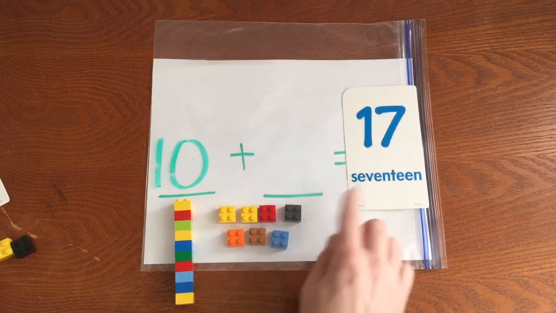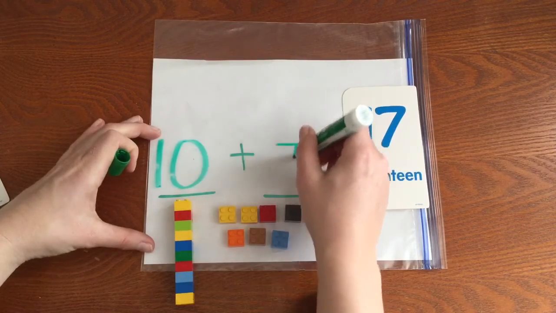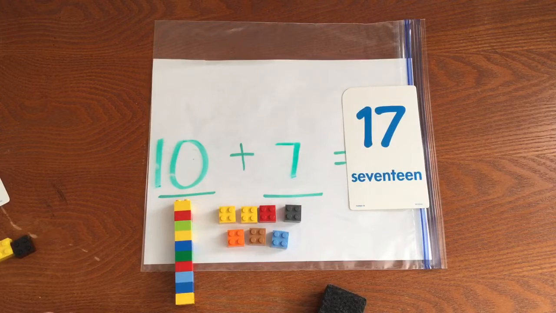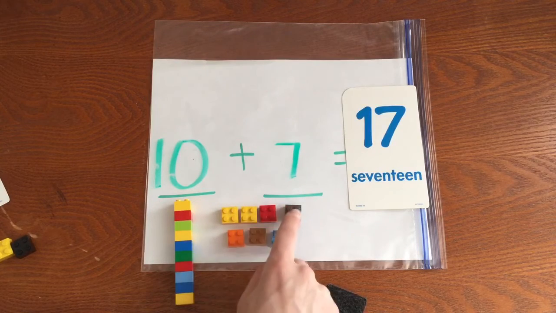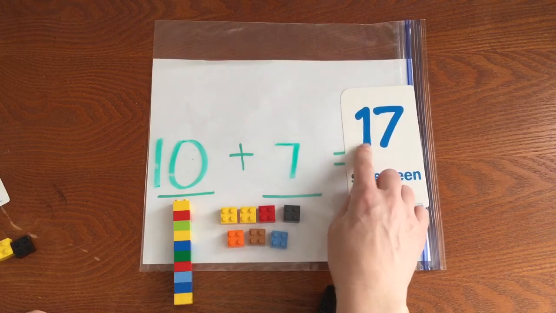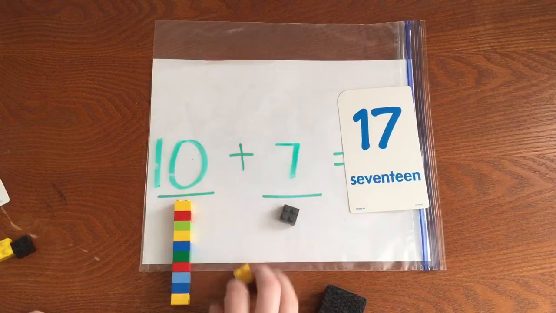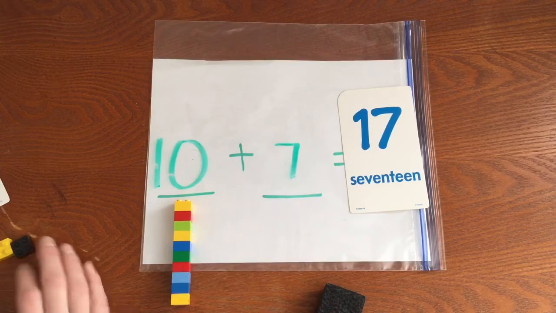I got to 17, but how many ones did I have? I see 4 and 3. What does that make? Do you see 7? 1, 2, 3, 4, 5, 6, 7. That's right. And you remember our pattern, 10 and 7. All right, friends, we have 2 more.